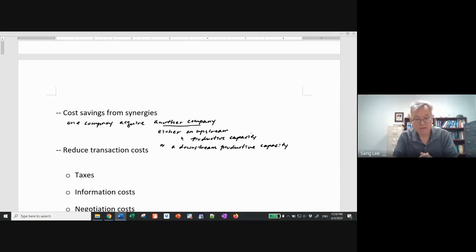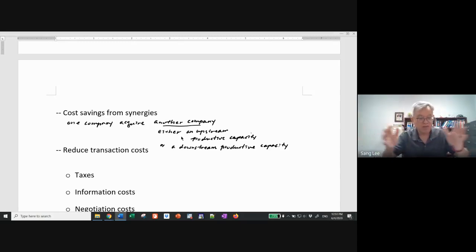When, in the extreme case, two companies are merged into one, they no longer need to maintain, for example, two accounting offices or two HR offices. Before the merger, each company had its own accounting office or HR office.